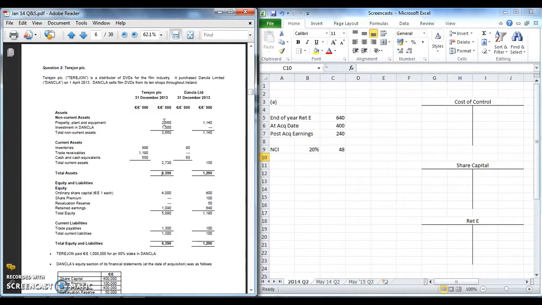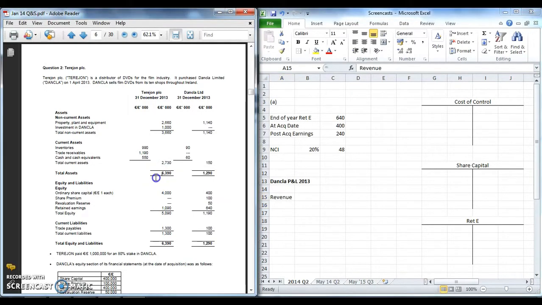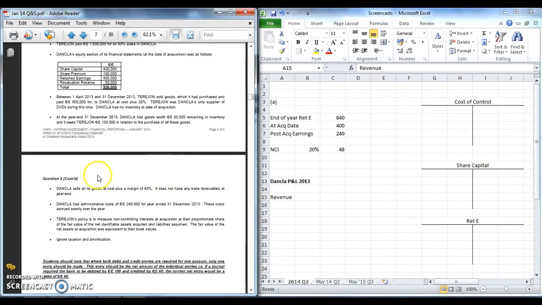Now the longer way going about that is to actually do out the P&L from the 1st of April to the 31st of December. So Dankla P&L 2013. So the first thing is, well, what's its revenue for 2013? We looked at the question, what are we told about Dankla? Dankla sells all its goods at a cost plus a margin of 40%.